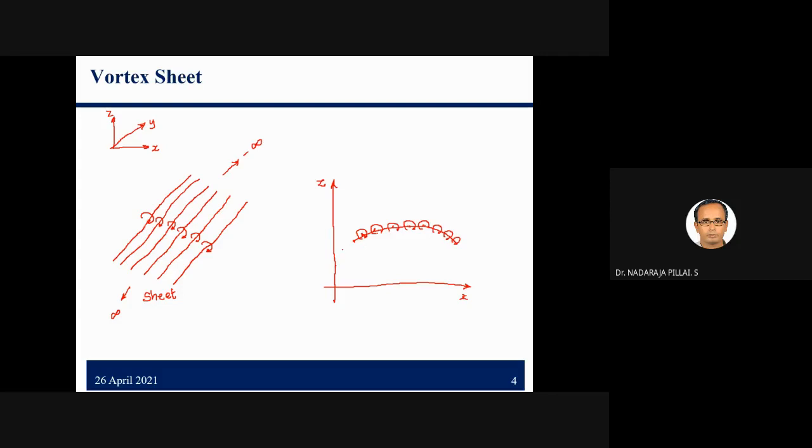I say this is point A and this is point B, and the length of the filament is, say, S. The elemental length is ds, right?